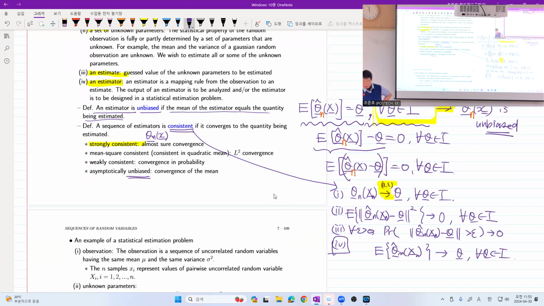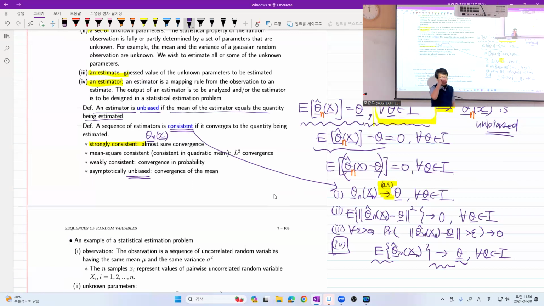This is called asymptotic unbiasedness. This is one of the easiest consistency notions. Got it? So depending on your requirement, probably you choose one of the consistency properties, or you just ignore them.